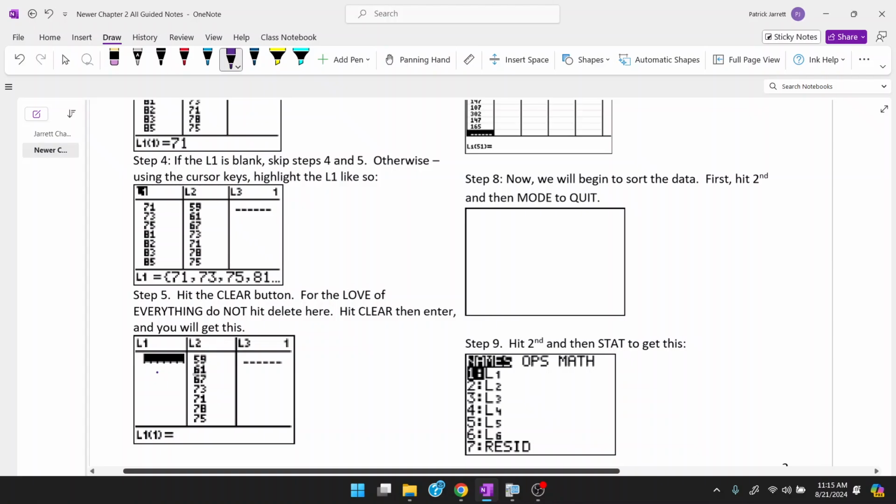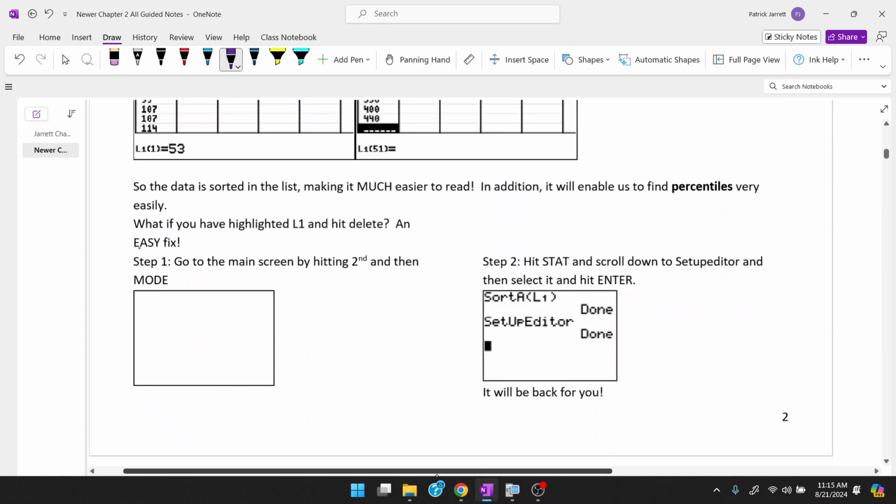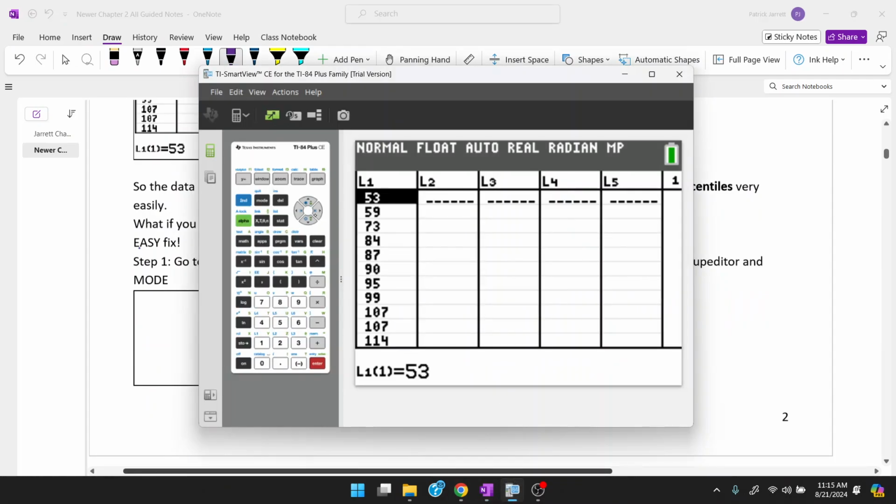Before we move any further, we see that the lowest price GPS system is $53. Now, we can scroll all the way down, or we could actually scroll up and see that the most expensive GPS system in this case was $440.